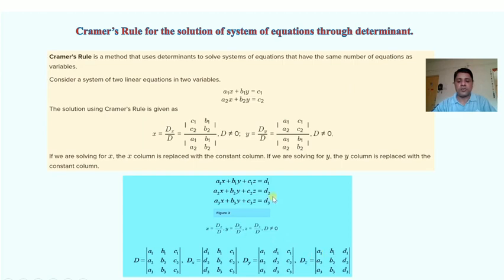And when we are talking about z, the third column will be replaced by d1, d2, d3, and the rest of the two will be as they are. This is called Cramer's rule to solve the system of equations by the determinant method.